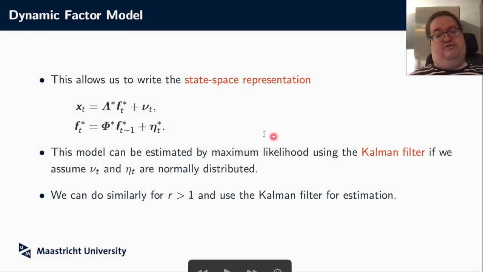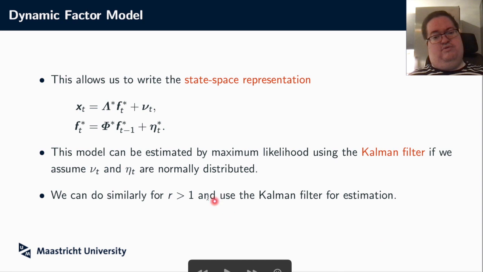Let's just say what it does is essentially maximum likelihood estimation. So it imposes all the restrictions that we believe to be true. We do have to assume that our error terms are normally distributed. But if we do that, we can do very efficient estimation of such a dynamic model. And this is the second popular way to estimate factor models.